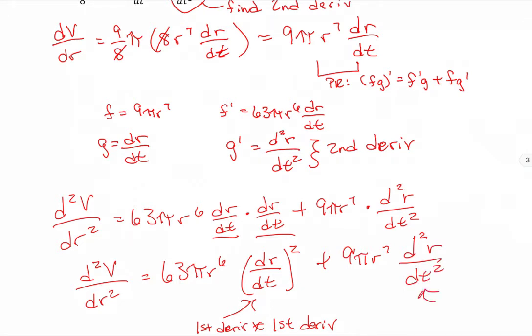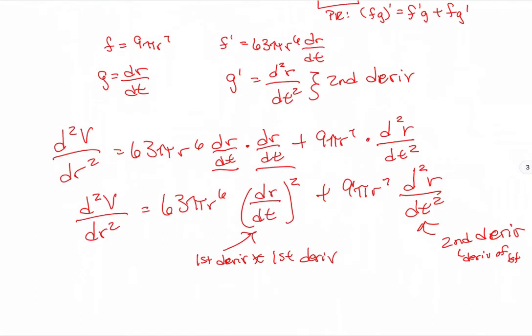And this is the second derivative, so that is the derivative of the first derivative. Okay? So here we're multiplying the first derivative times itself. Here we're taking the derivative of the first derivative.